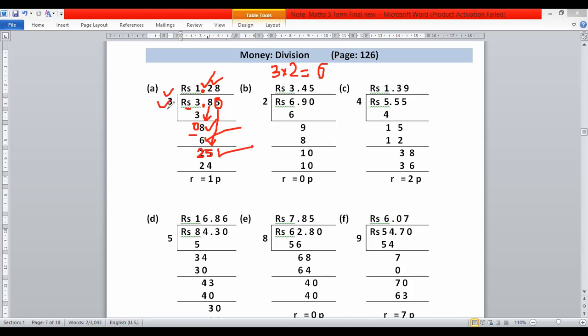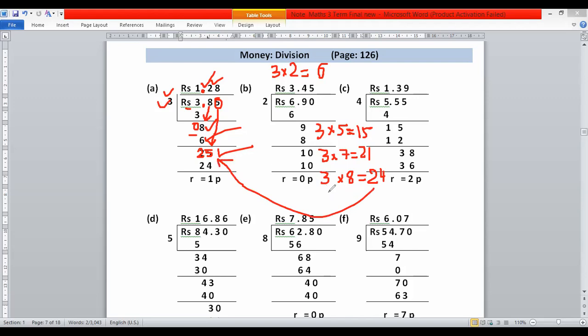So we again count the table of 3. 3 ones are 3, 3 twos are 6, 3 threes are 9, 3 fours are 12, 3 fives are 15, 3 sixes are 18, 3 sevens are 21, and 3 multiplied by 8 is equal to 24. 24 is the number that is very close to 25.